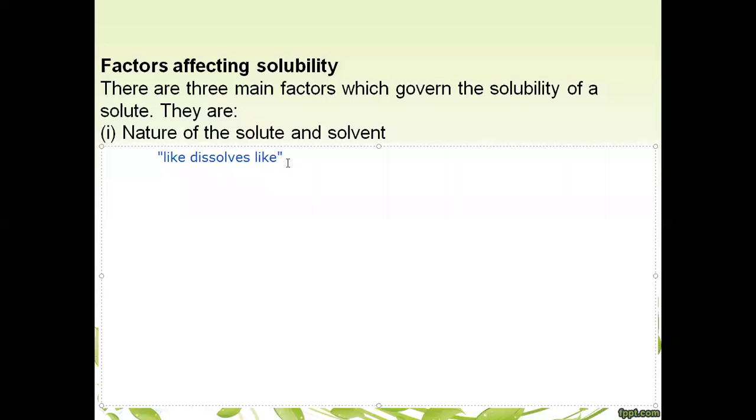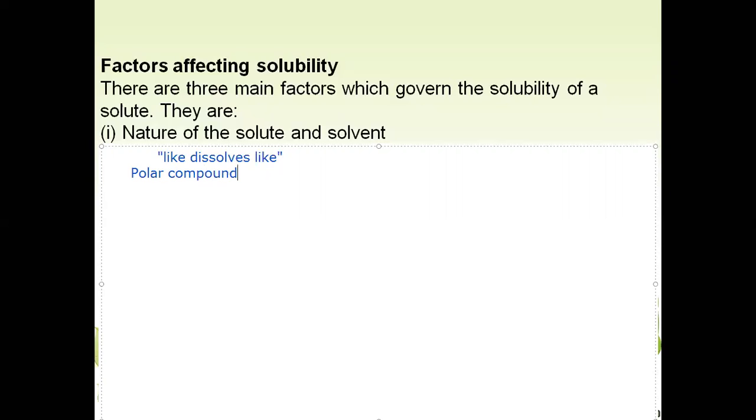So the scientist quoted the expression: polar compounds dissolve in polar solvents.